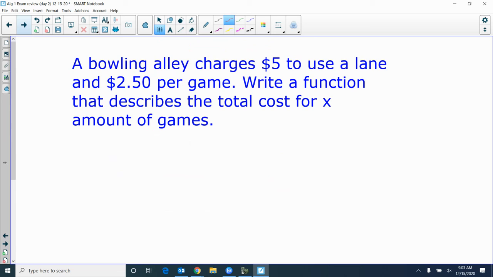Okay. Now, one thing here, it says write a function that describes, so what that means is, instead of y, you need to use f of x. That's gonna be important. Now, a bowling alley charges $5 to use a lane and $2.50 per game. So you might say y equals 5 plus 2.50x, because it says x games, but now I can't do that because it says write a function. So instead of y, put in f of x.